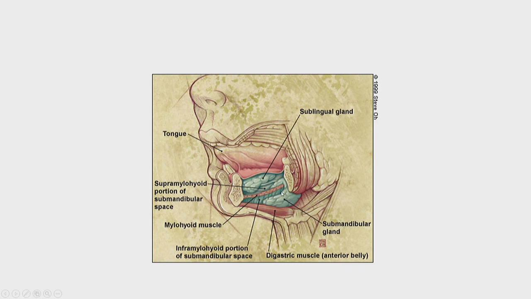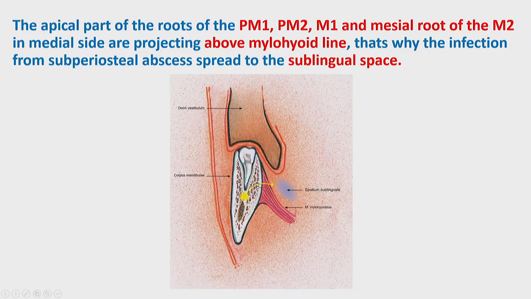But here, very nice, the hook shape of the submandibular gland is communicating the submandibular region below the mylohyoid and the sublingual region above the mylohyoid. And this is important for the spread of infection. The tooth infection can kill the patient.